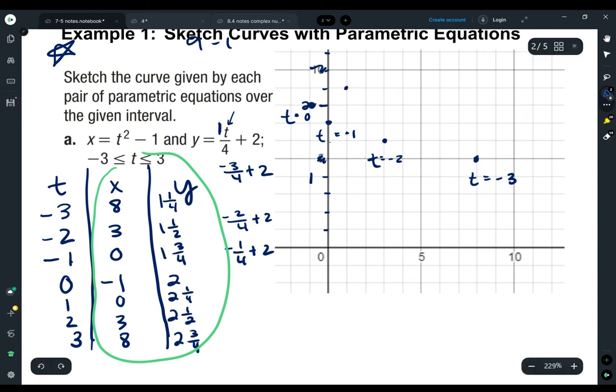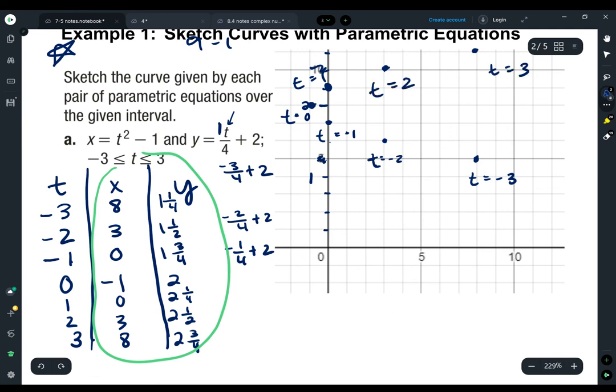Let's see, 2 1/4 is right here. Oh, that was 0, not 1. So let's erase that real quick. And let's see, that's t equals 1. And then at t equals 2, I have 3, and then 2 1/2. And then 2 3/4 goes right here.